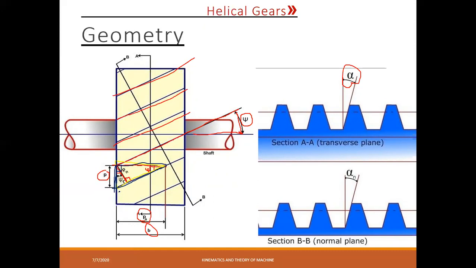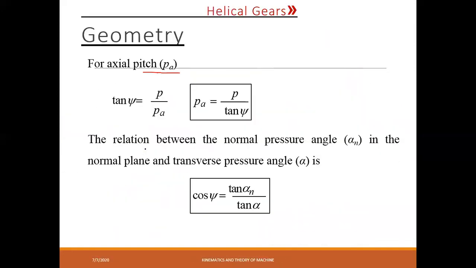And the hypotenuse is this. This side is called the hypotenuse, this is the closer side, and this is the opposite side. So the relation between opposite side and closer side is taken as tan psi, right? So tan psi is equal to P upon PA. So PA is equal to P upon tan psi.